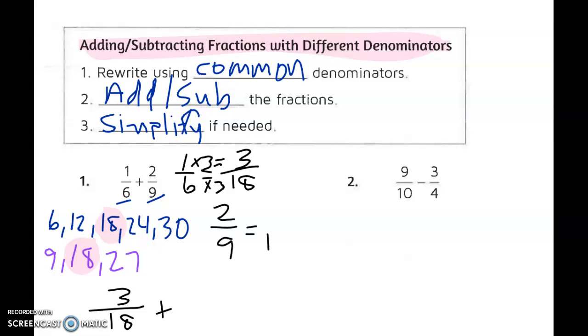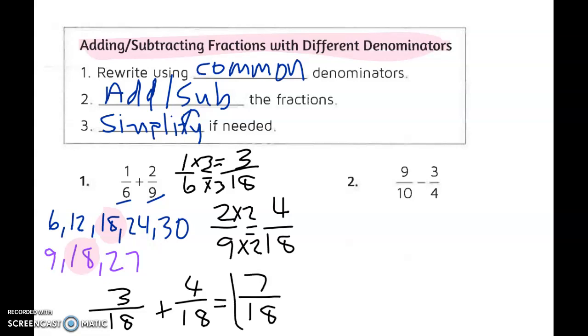We want it with an 18. We just multiplied it by 2, which means we're going to multiply the top by 2, and we get 4/18. So now we can rewrite them both down here. Now they have the same denominator, which means it's just going to stay the same as an 18, and we just add 3 plus 4 is 7, and that's in its simplest form, so we do not have to simplify.